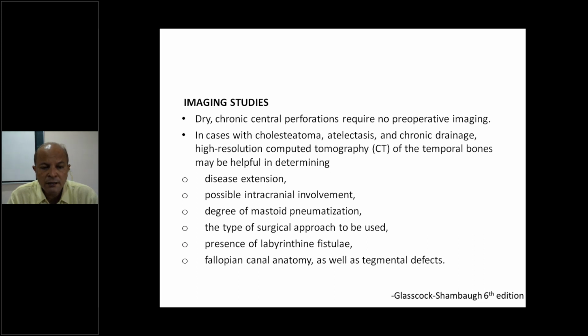If it is a case of cholesteatoma, you want to see the amount of bone erosion, and whether the tegmen plate is intact or not, and the dural plate is intact or not. Also the size of the mastoid antrum, whether it is a normal antrum or a contracted mastoid antrum. All these things should be taken into account. Then possible intracranial involvement.